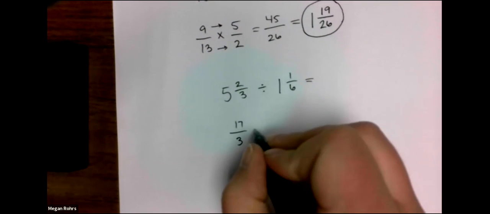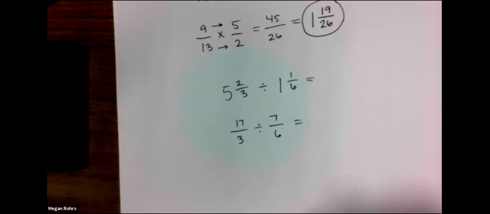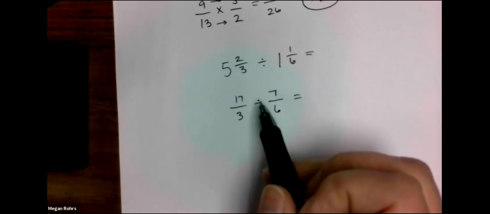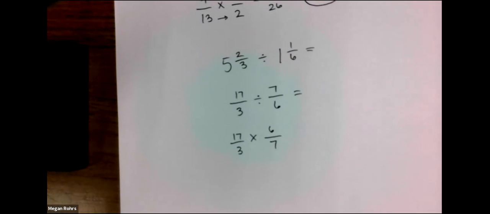Keep the same denominator. 1 times 6 is 6, plus 1 is 7. Keep the same denominator. Now this looks a little bit better, so we can use our trick. Keep the first fraction, flip our sign, and flip the second fraction.